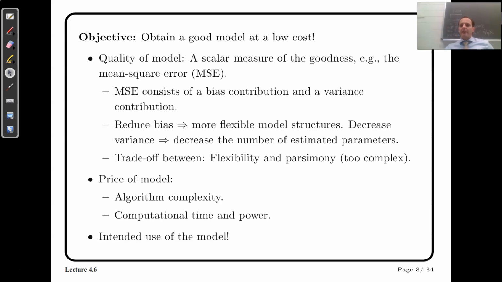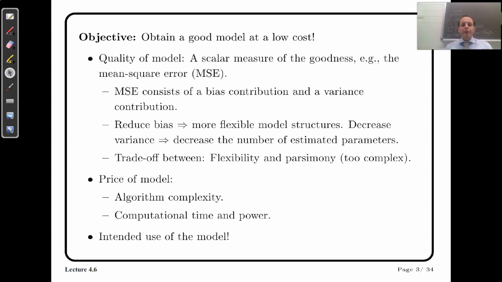Normally it is described in the sense of mean square error, with this acronym MSE. Normally this index consists of a bias contribution and a variance contribution, as we will see later.